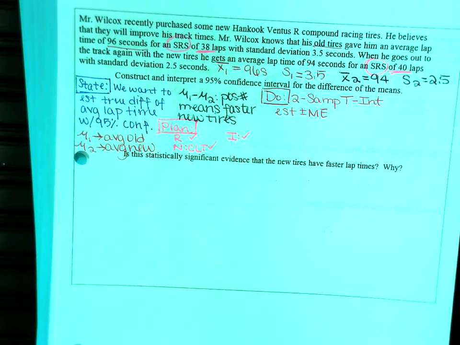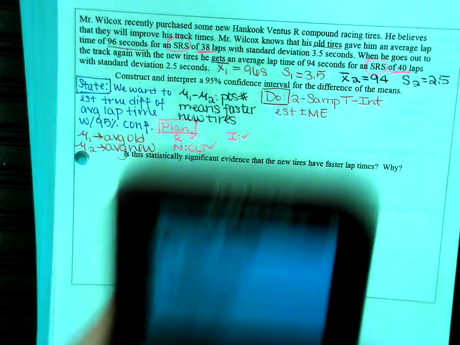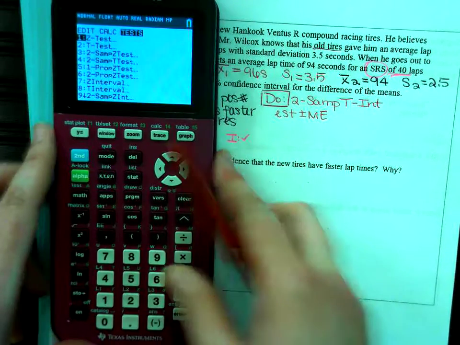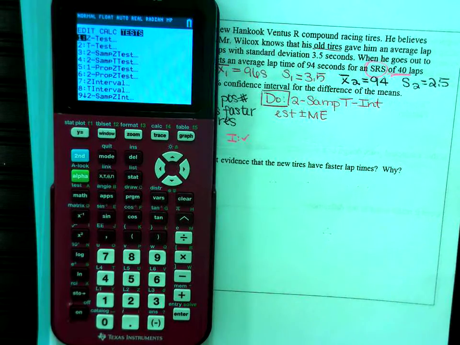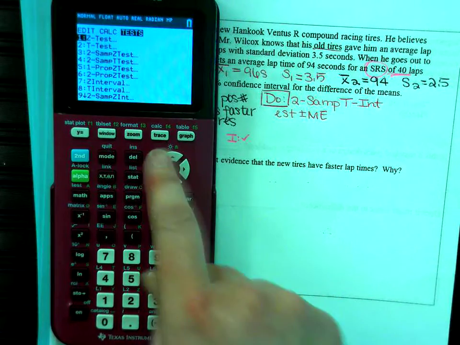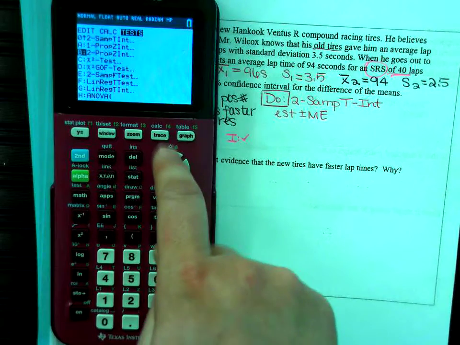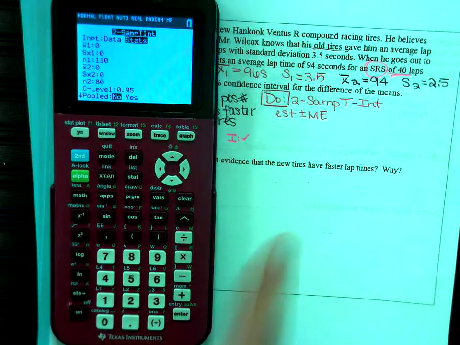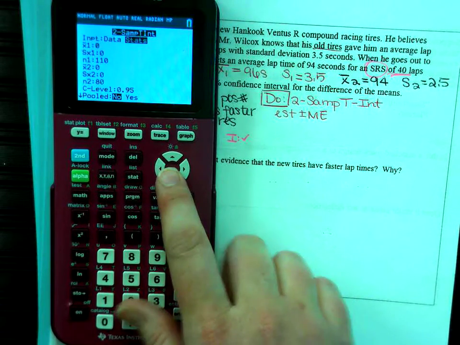So, you're going to go to stat, go over to tests. Do we have to write mu1 minus mu2 plus or minus z star and the standard deviation after that, or does that suffice? That's good enough. Two sample t interval, 0 on my calculator. If you have the data as a list, you would use data, but we just have the statistics.